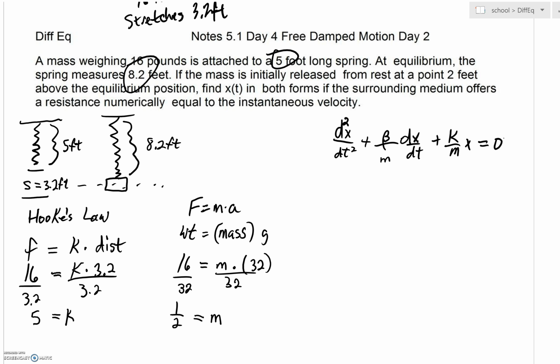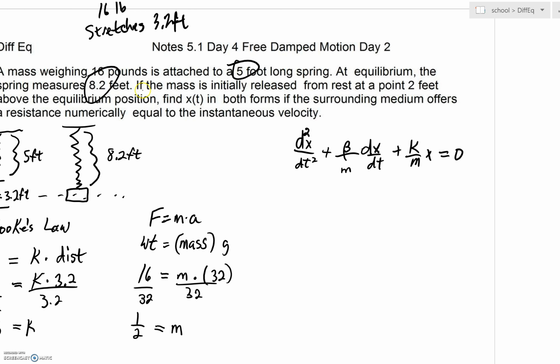So it's saying at equilibrium, the spring measured 8.2 feet, but if the mass is initially released from rest at a point 2 feet above the equilibrium position. Wow, that's two very important initial conditions. First of all, it's released from rest. That means its velocity at time 0 is 0.